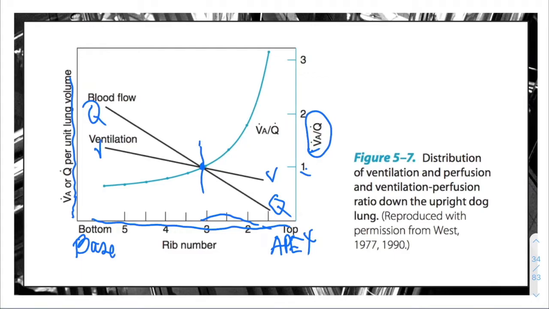Because of gravity, blood flow increases 8 times from the apex to the base, while ventilation only increases 3 times from the apex to the base.